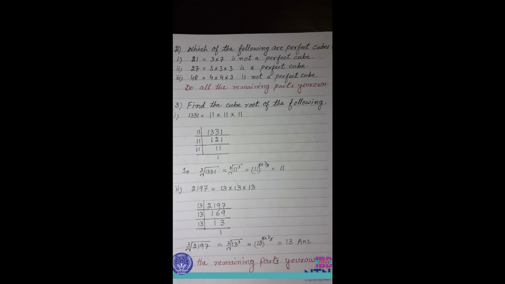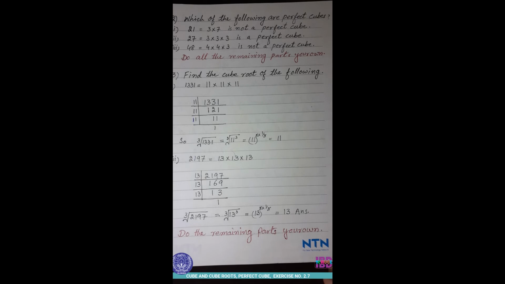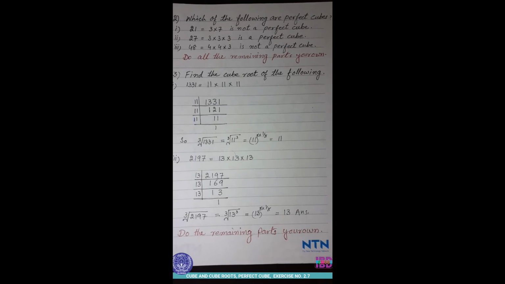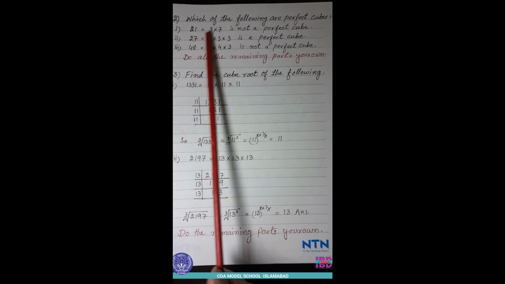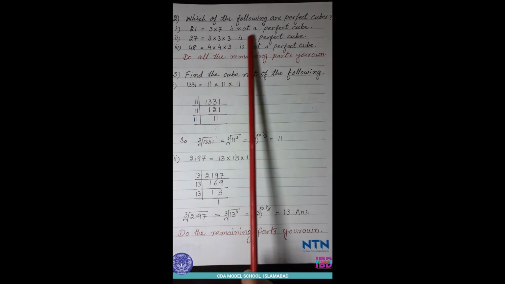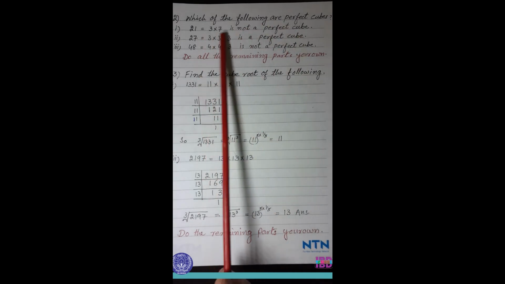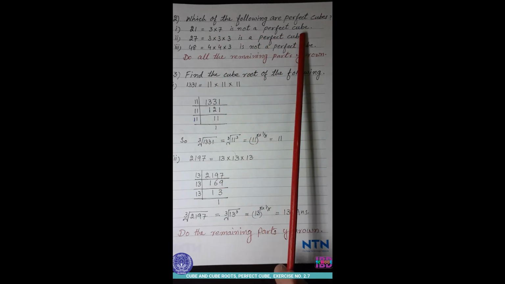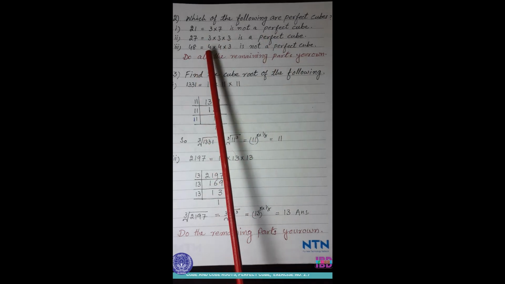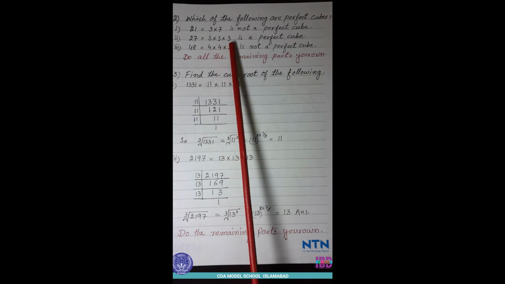Question number 2 is, which of the following are perfect cubes? Part 1. 21. Its factors are 3 and 7. It is not a product of 3 times the same number. So it is not a perfect cube. Number 2, 27. It is a product of 3 times 3.